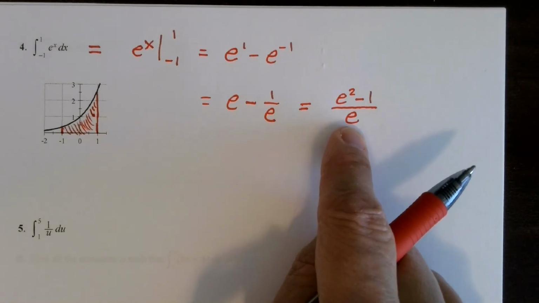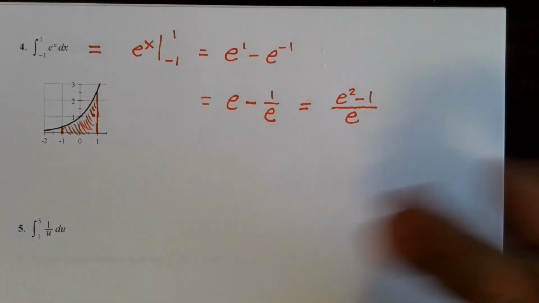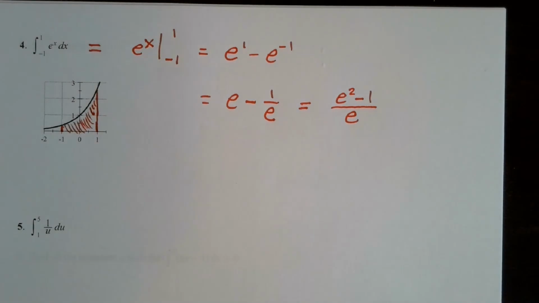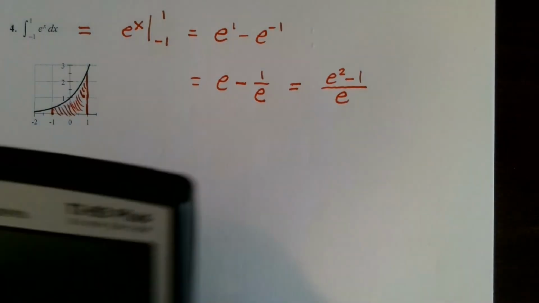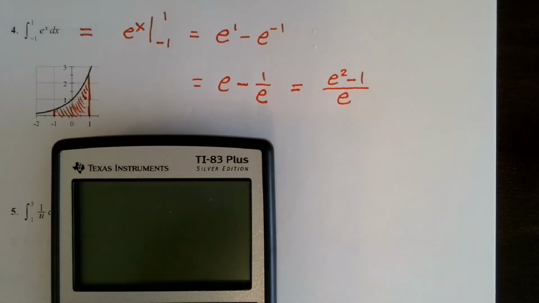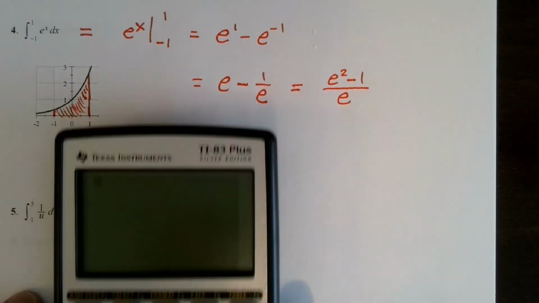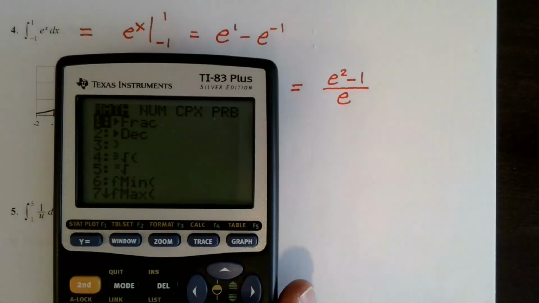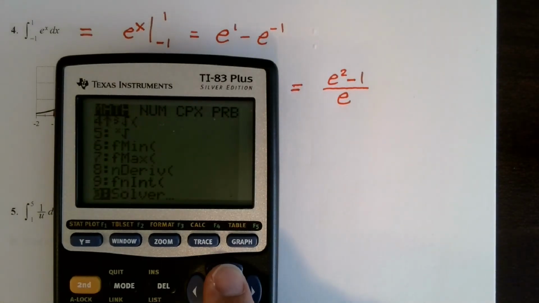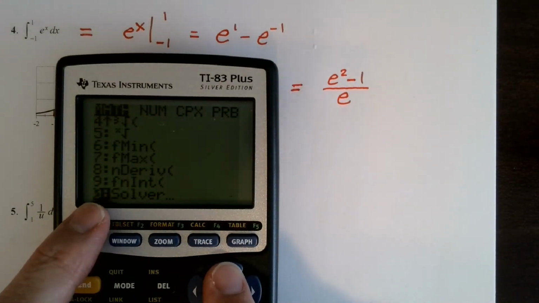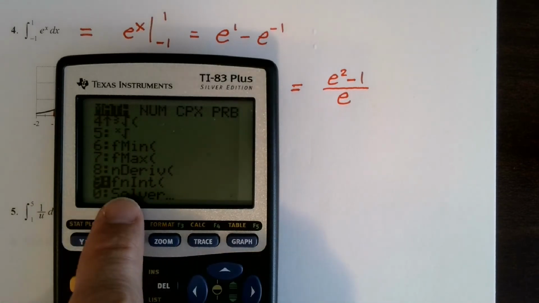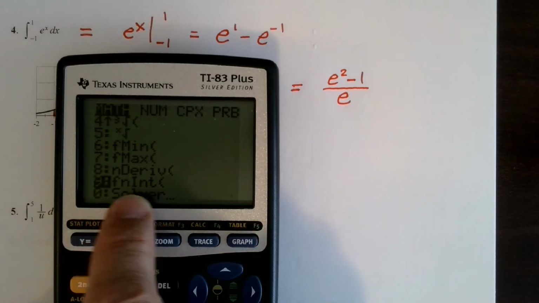You want to use your calculator to approximate this now? I mean, you can. That's fine. You can do that. Okay. In fact, let me show you real quick in the TI 83 that under math, if you go to the bottom, I'm going to jump all the way to the bottom, you will see something called FNINT, function integrator.